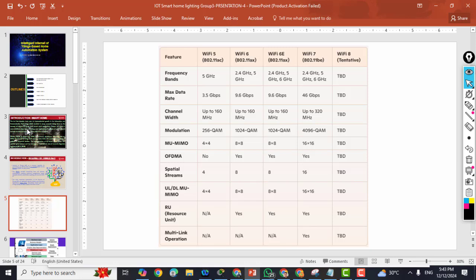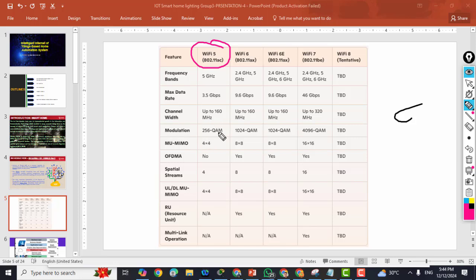The first one is 802.11ac, which works on the 5 gigahertz band, and the maximum rate is 3.5 gigabits per second. This is the theoretical speed of wireless, but the actual throughput could reach 1.8 or maximum 2 gigabit per second.